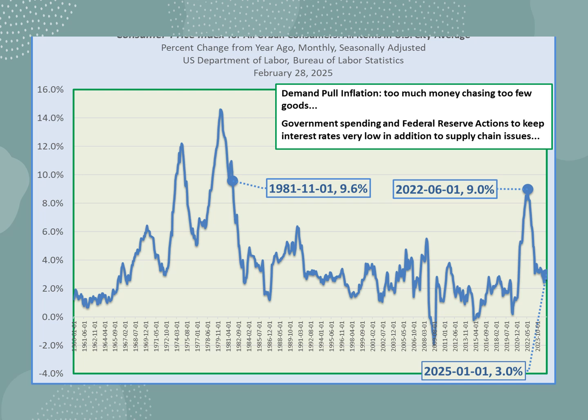But keep in mind that we really hadn't seen the level of inflation that we saw in 2022 in how long? 40 years, basically, right? Going back to 1981.